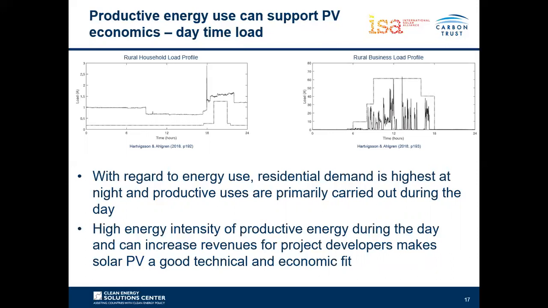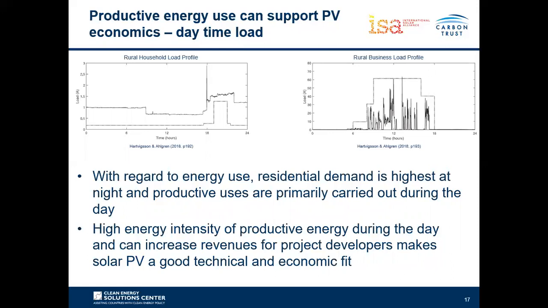We can see their load profile ramps up from around 8 a.m. and tapers off by 6 p.m., which is in contrast to the rural household or the domestic energy use profile, which mainly peaks in the evening time as people come home from work and they use the lighting and whatnot, and drops down during the day between 8 and 6.